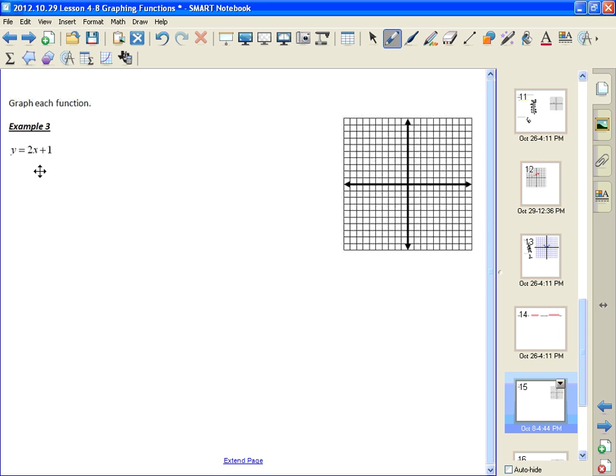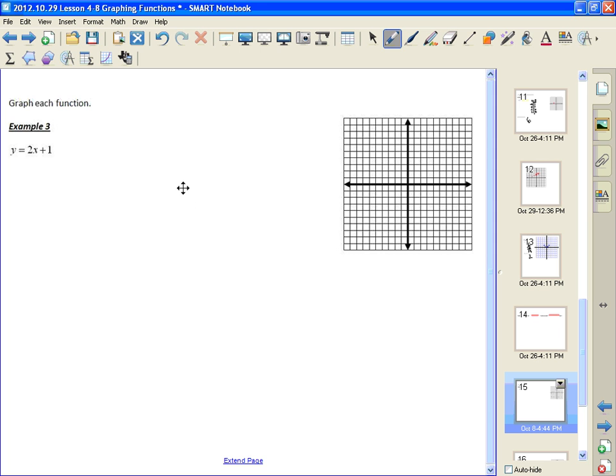On example 3, it says y equals 2x plus 1. It wants us to graph the line y equals 2x plus 1. But notice on this, it's different from our other 2 examples because we are not given specific numbers to use for x. So you get to pick whatever you want. I would recommend always choosing the numbers from -3 to +3.